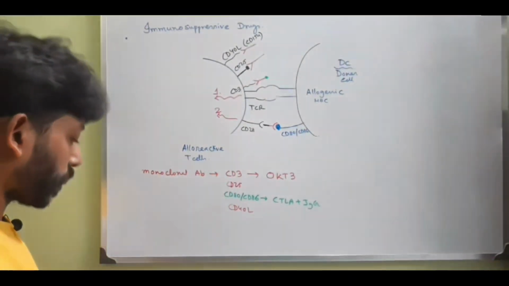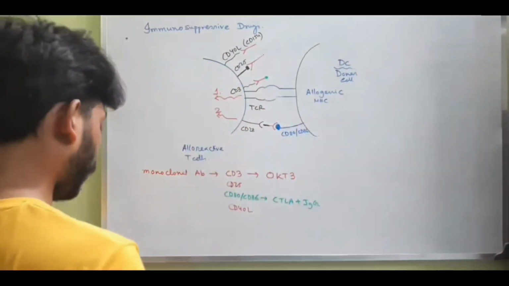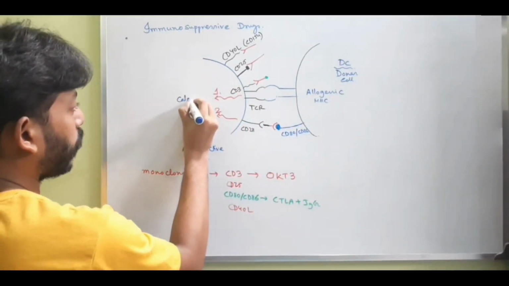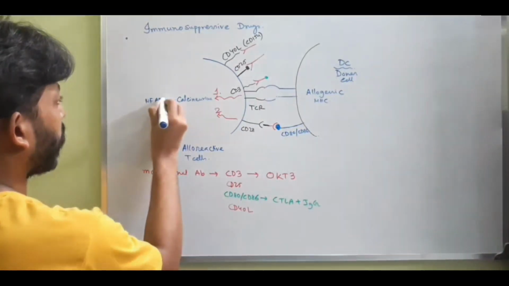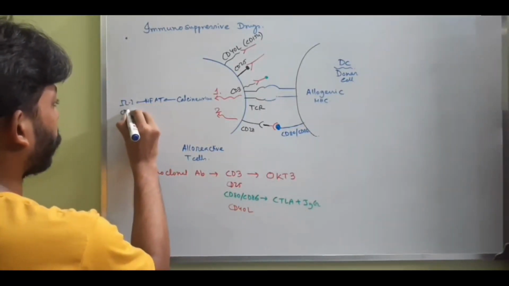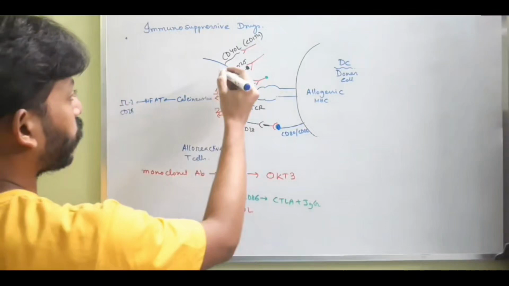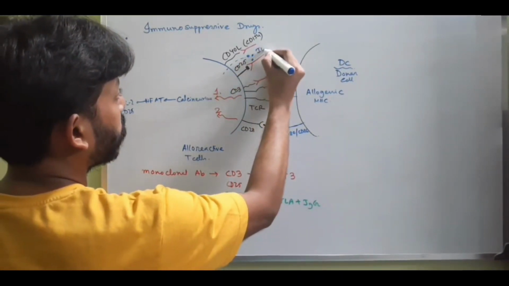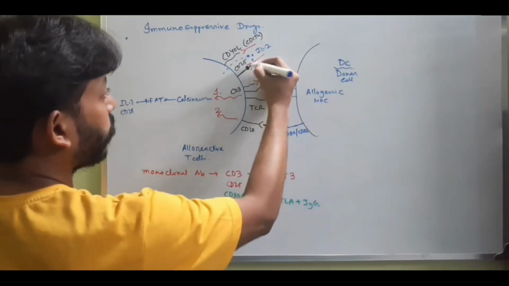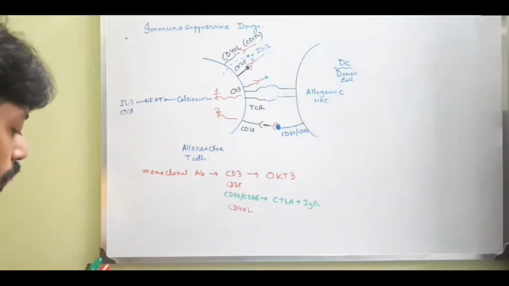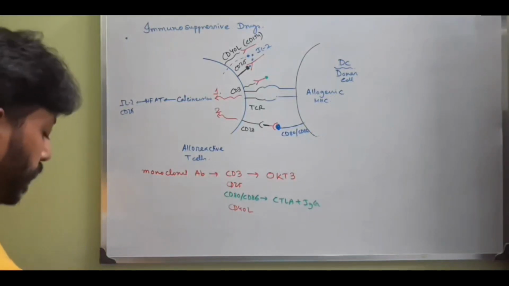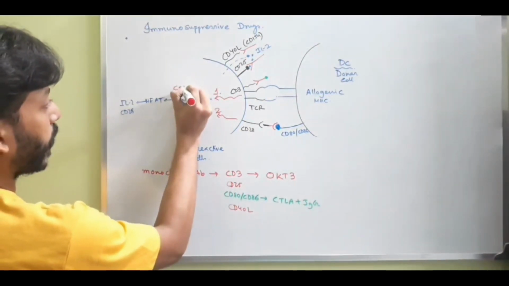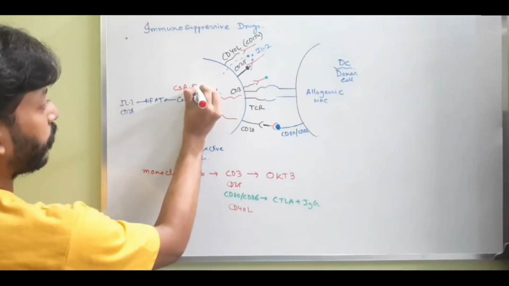When the T cell receptor is activated, it starts a pathway that activates calcineurin, which activates NFAT, which helps to transcribe IL-2 and CD25. This IL-2 cytokine is produced by these cells themselves, and it binds with CD25 and helps proliferation. For this reason, scientists have used inhibitors of calcineurin like cyclosporin A and tacrolimus, that means FK506.